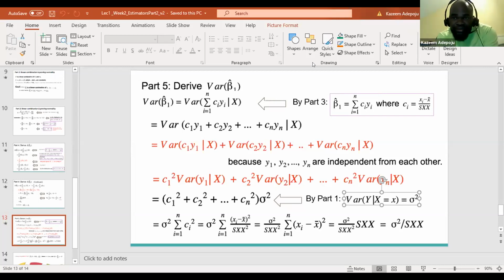Okay, let me read my chat. Somebody said, do we need to know how to derive the variance of beta 1 cap on the exam, or just know how it works? That's a very good question.